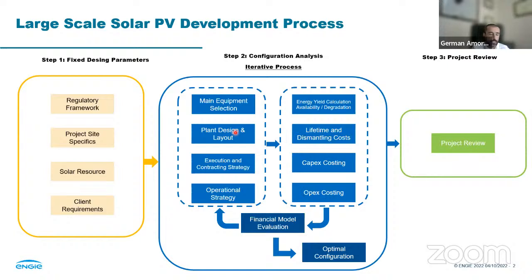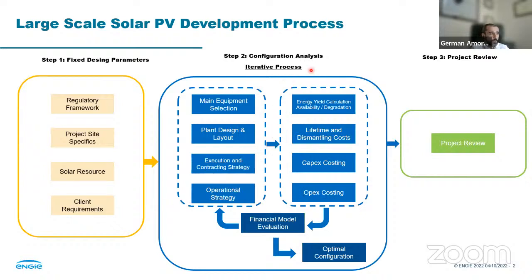We need to decide about the DC-AC ratio, the pitch or ground cover ratio, the BOP configuration, the electrical configuration, the number of combiner boxes, cable routing, trench routing, etc. And obviously the operational strategy, which in turn drives the OPEX cost for the LCOE or for the project.